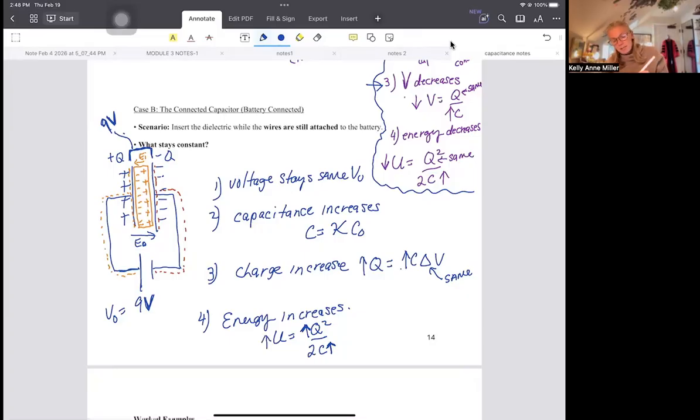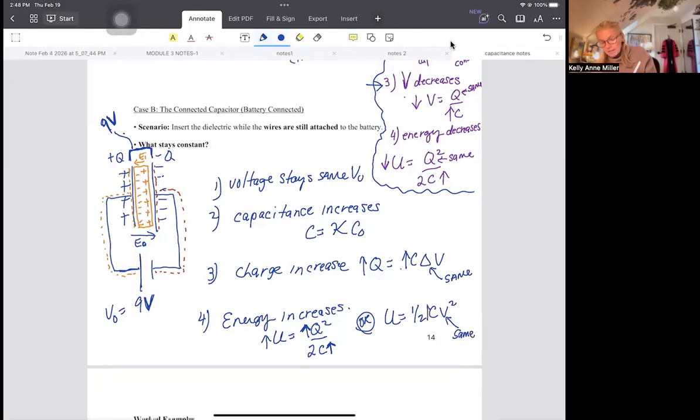Another, maybe cleaner, way of looking at it is to use one of the other formulas for electric potential energy. We can say that electric potential energy is equal to 1/2 CV squared. Voltage is the same.